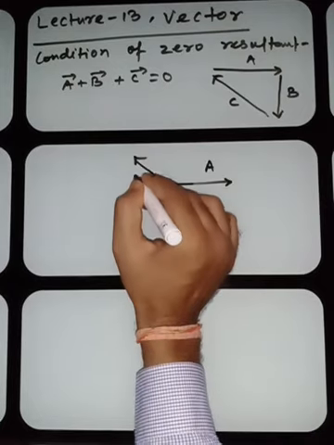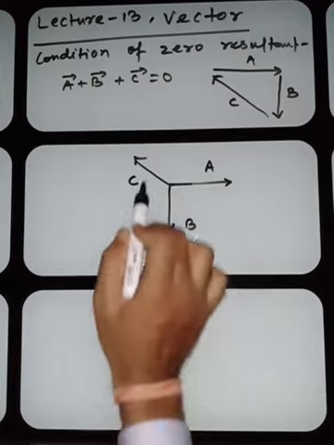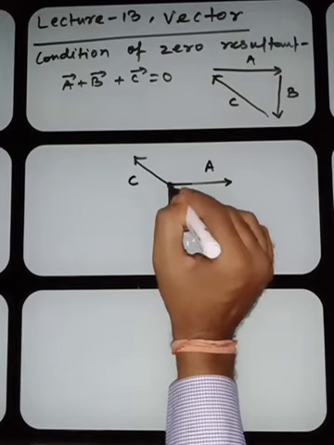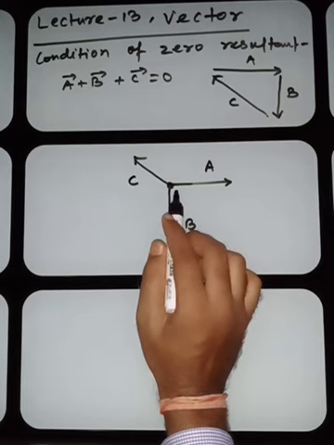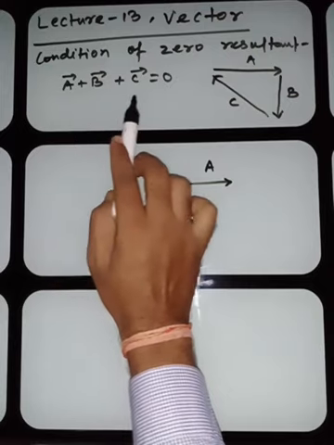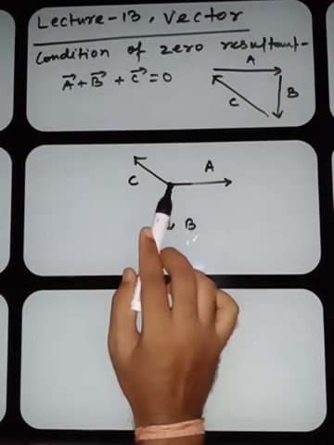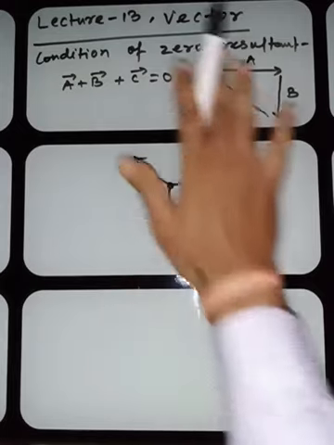Now you can see, my dear students, yes, this could be zero. It means if any point is there, this point will not move at all. It's not necessary, but it could be. If this condition is fulfilled, A plus B plus C is 0, then it remains at rest.